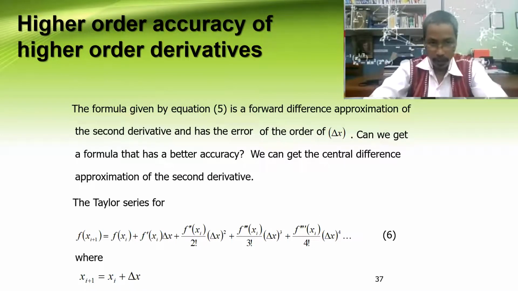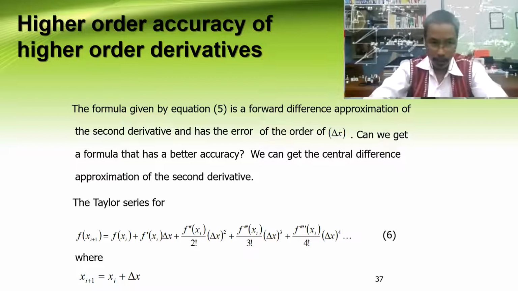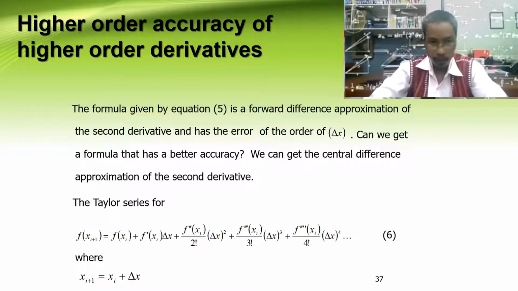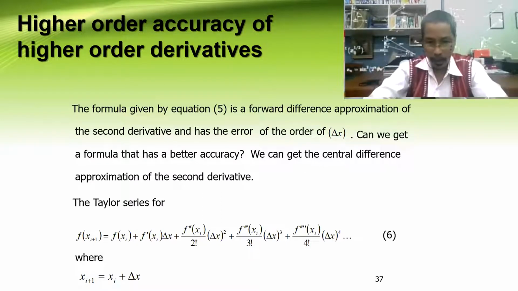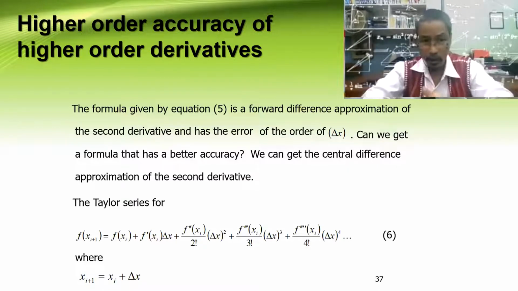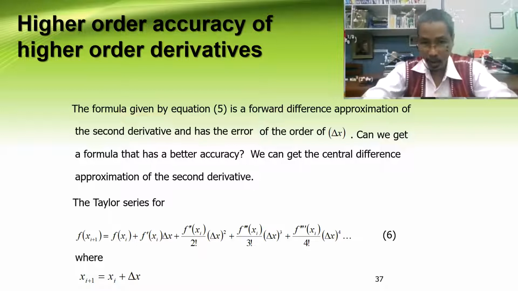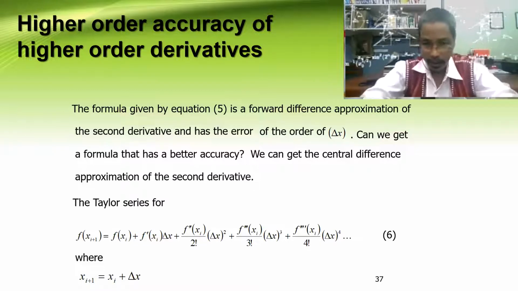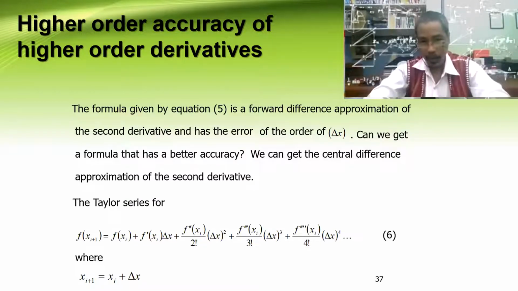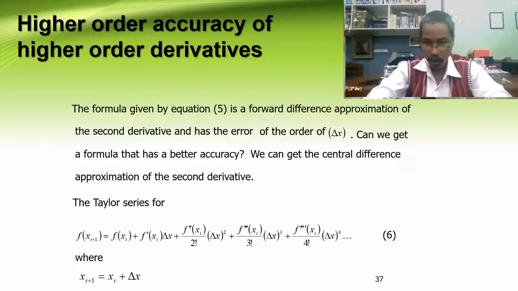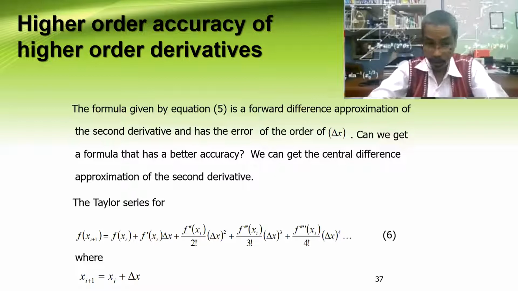Accuracy of higher order derivatives of approximation. The formula given by equation 5 is the forward difference approximation of the second derivative, and its error is of the order delta x. Can we get a formula that has better accuracy? Yes, of course. You can get the central difference approximation of the second derivative.